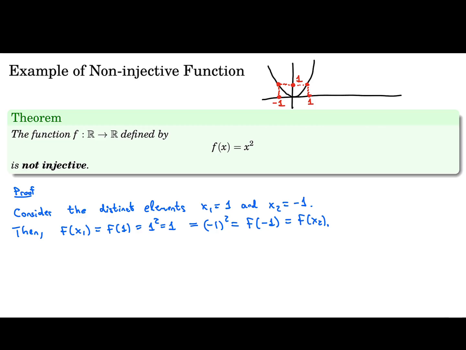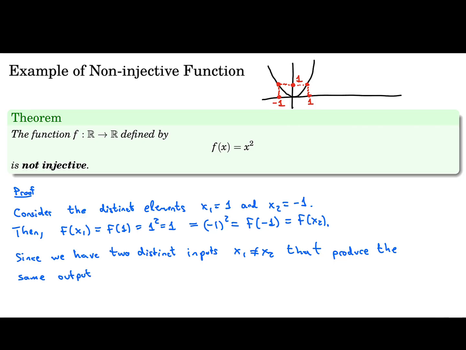So since we have two distinct inputs, x1 different from x2, that produce the same output, f(x1) equal to f(x2) equal to 1, it follows that f is not injective.